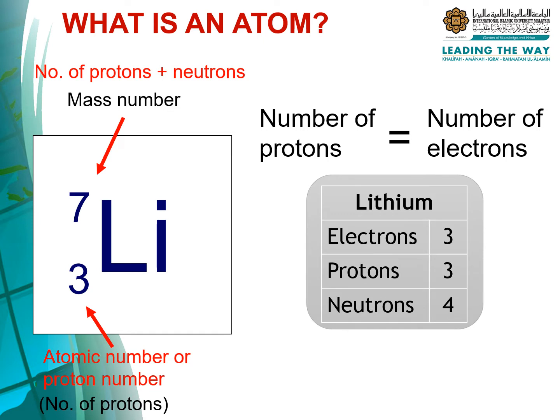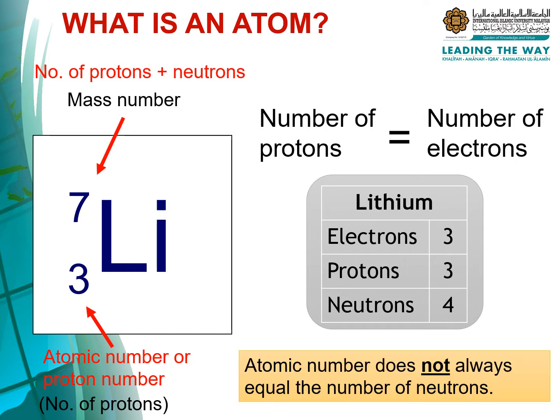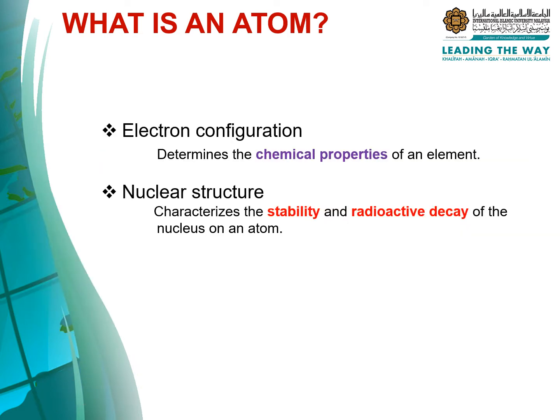So lithium has 3 electrons, 3 protons, and 4 neutrons. The atomic number does not always equal the number of neutrons. In the atom concept, you should know the electron configuration to determine the chemical properties of an element, and second, the nuclear structure, which characterizes the stability and radioactive decay of the nucleus of the atom.